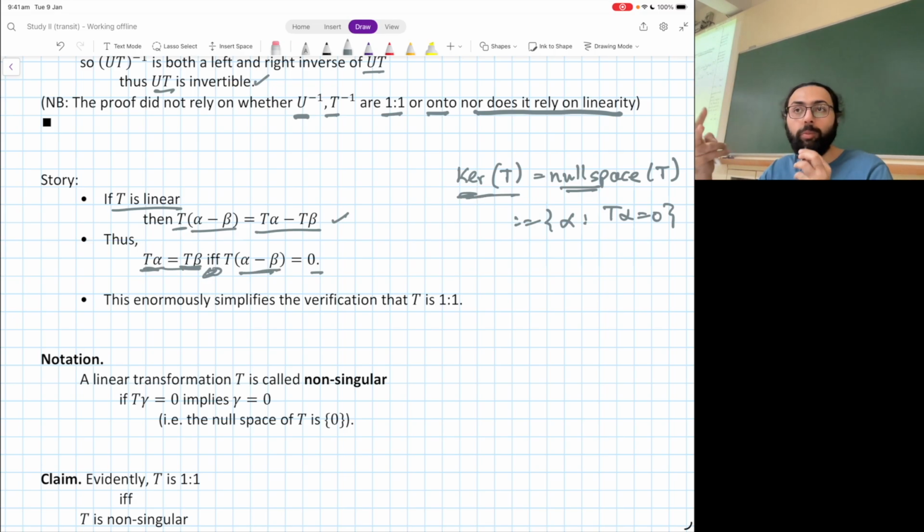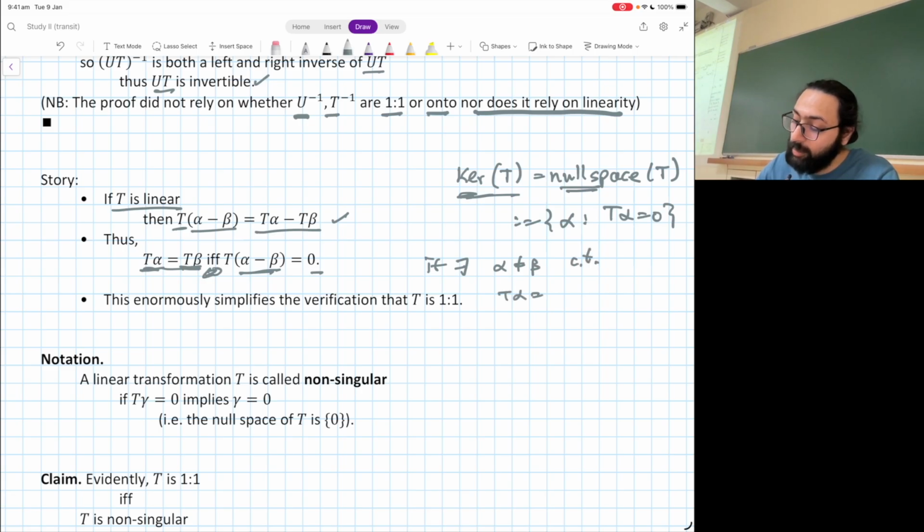Because if there were two distinct pre-images, so if there existed alpha not equal to beta such that T of alpha equals T of beta, then this would imply that T of alpha minus beta is 0, because we are using this fact and linearity.